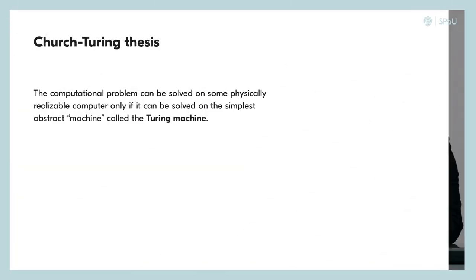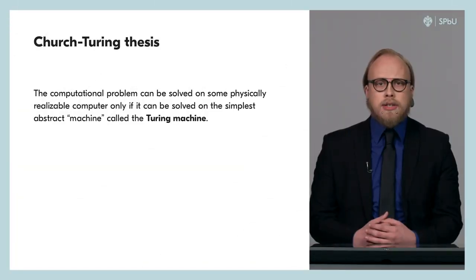In most strict terms, this statement is called the Church-Turing thesis, according to which a computational problem can be solved on some physically realizable computer only if it can be solved on a simple abstract machine called the Turing machine.